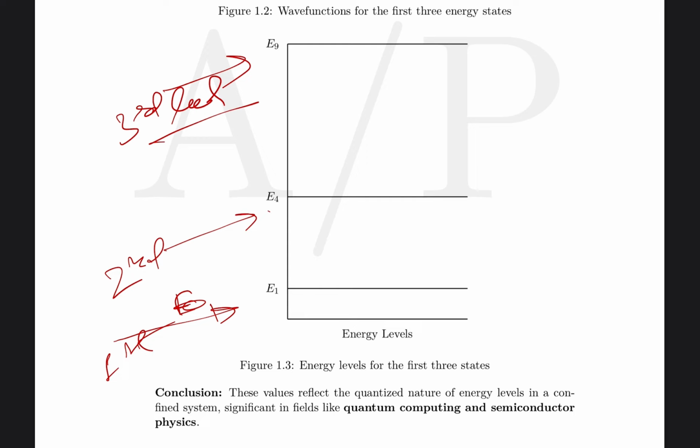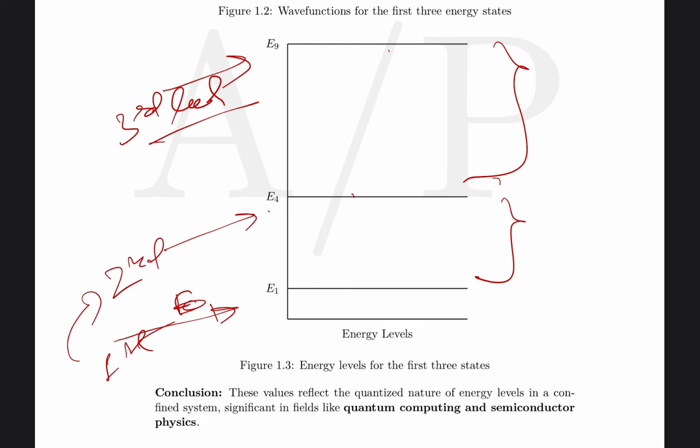Now in this diagram, what else is hidden that an examiner would give you even half a mark extra if you draw it properly? Just think about it. The gap between the energy levels is very, very important. The energy gap between the ground state and the second level is less than the energy difference between the second and the third level. You can clearly see that this gap is less than this gap.